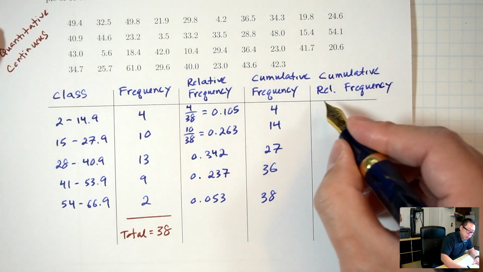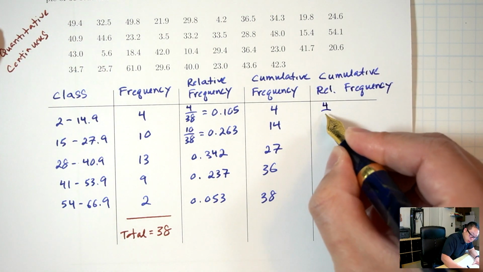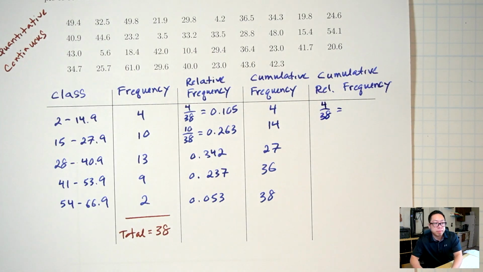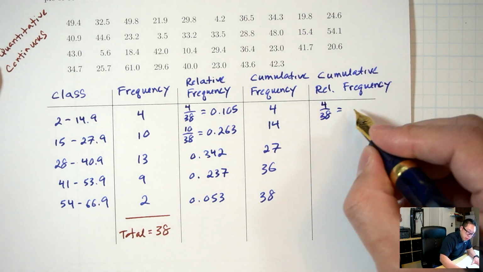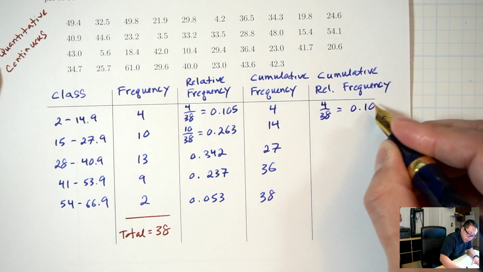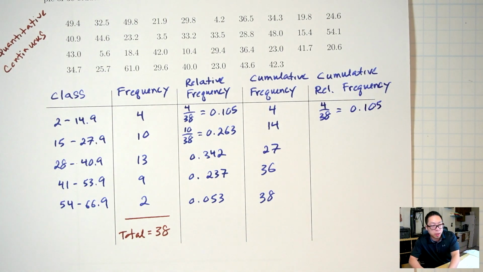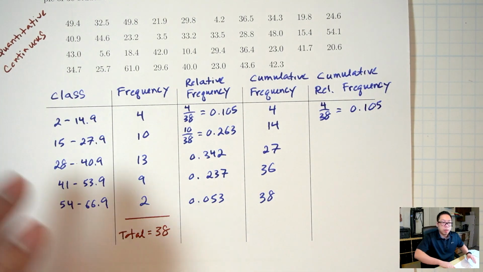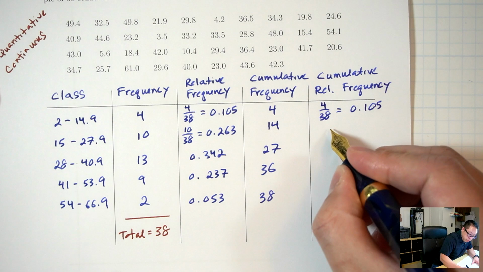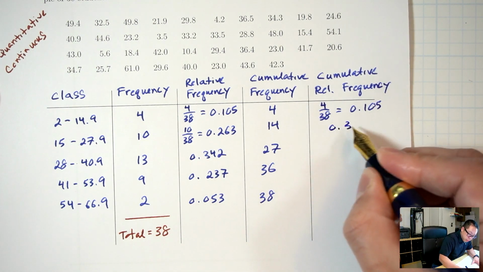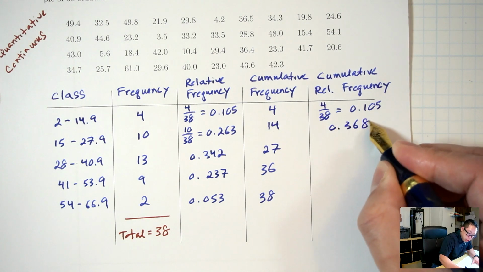So the first one is 4 divided by 38, which is 0.105. Next is 14 divided by 38, which is 0.368. Remember, round to 3 decimal places.